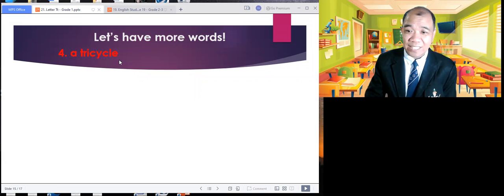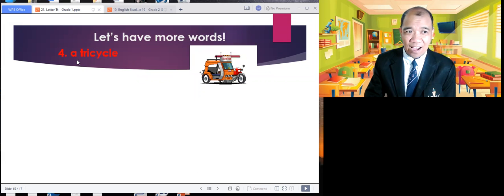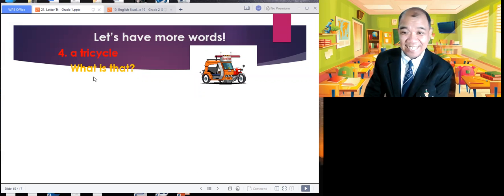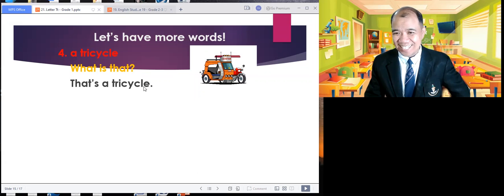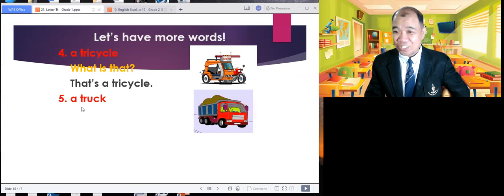A tricycle. What is that? That's a tricycle. A truck. What is that?